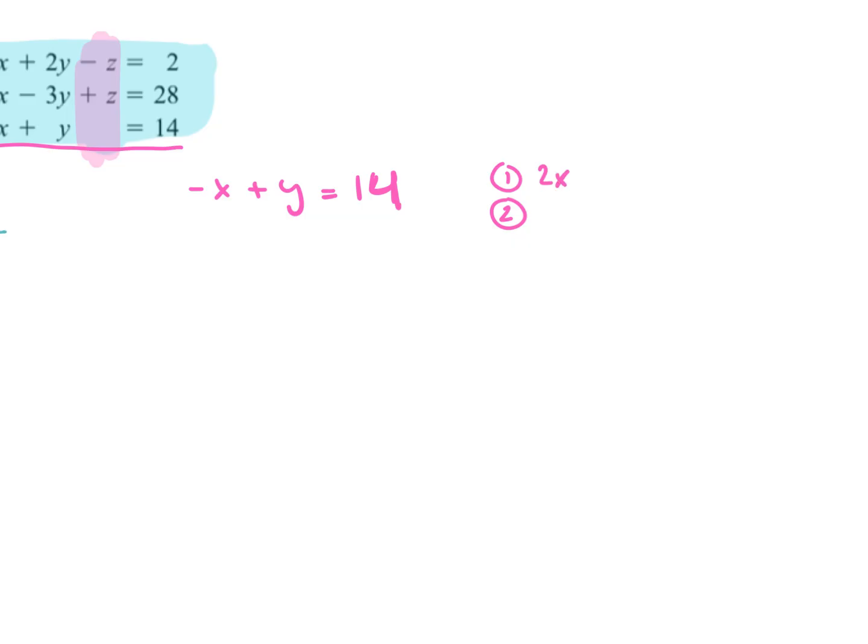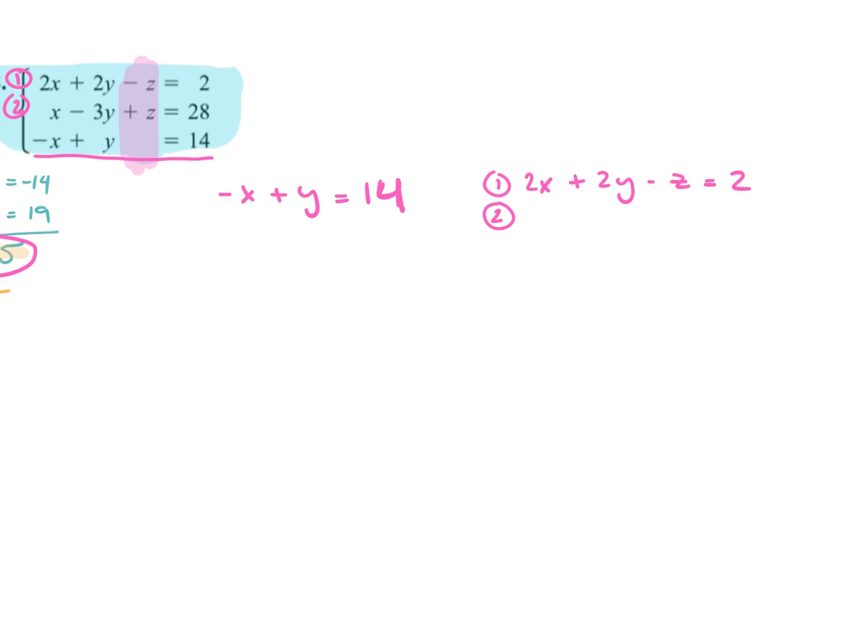So we have 2x plus 2y minus z is equal to 2, and x minus 3y plus z is equal to 28. Do the z's cancel right off the bat? Yep.